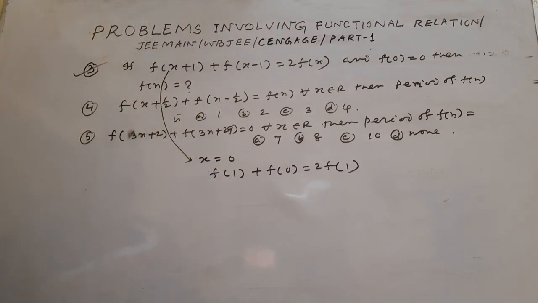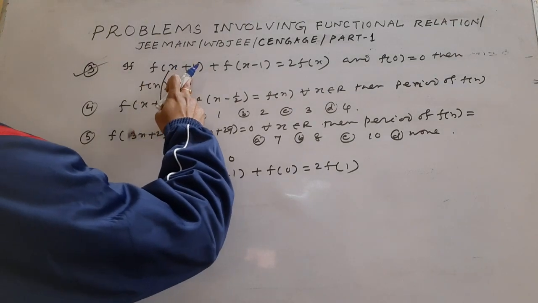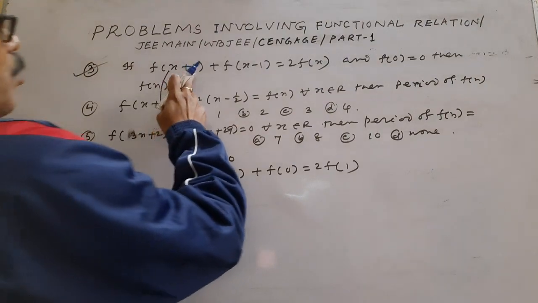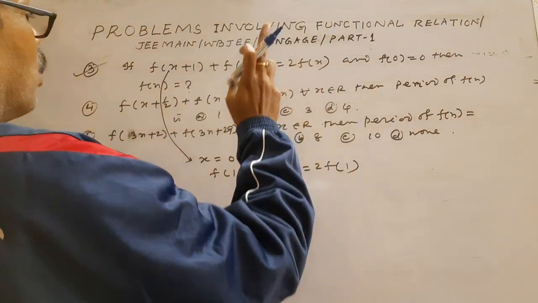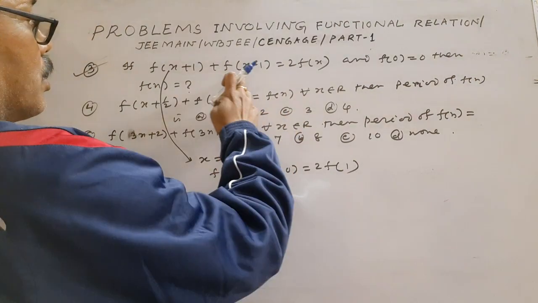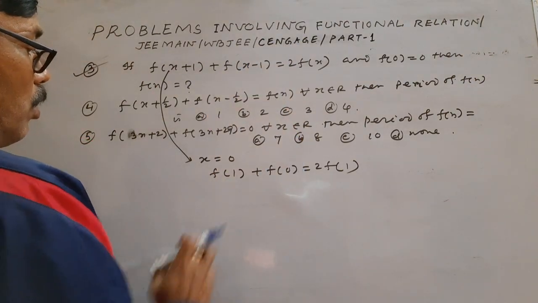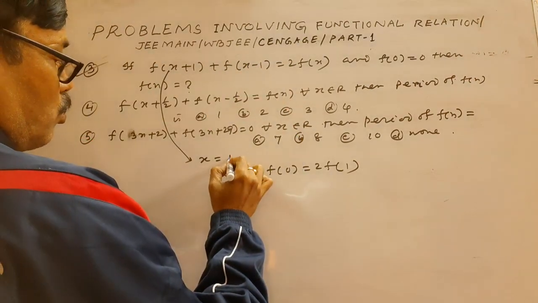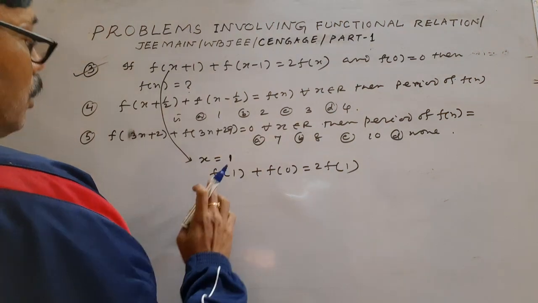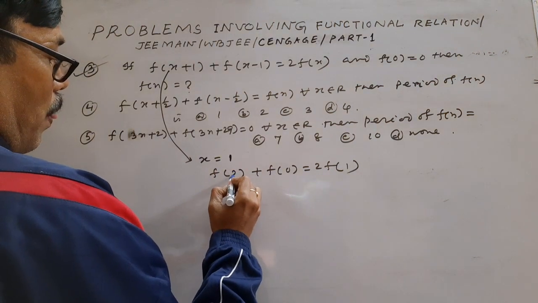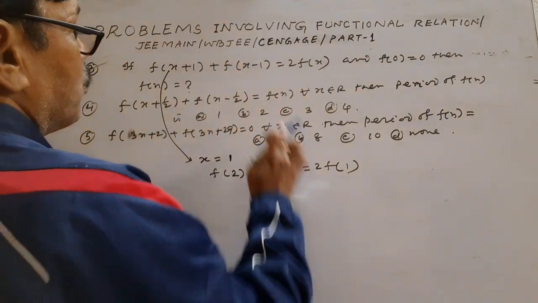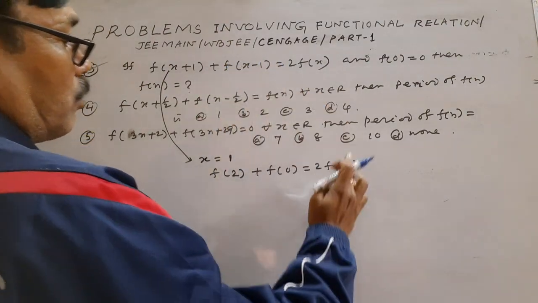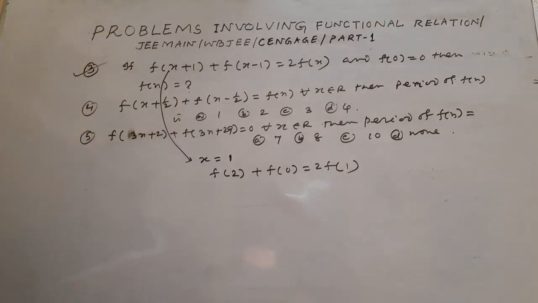So f(0) is 0, this is f(1), and f(-1) will be negative. So put x equals 1 first. So this is f(2), this will be f(0), and this is f(1).